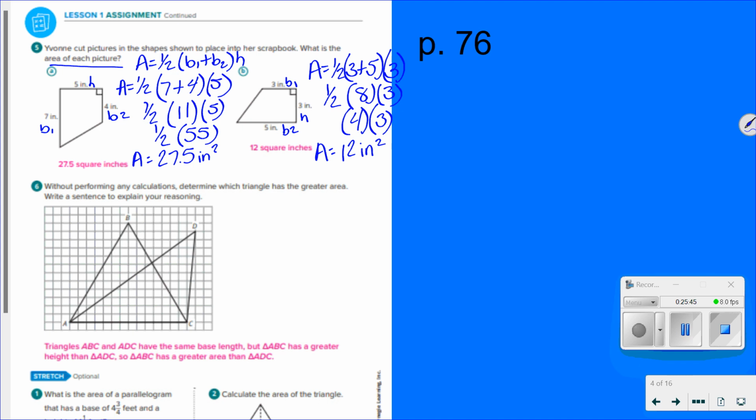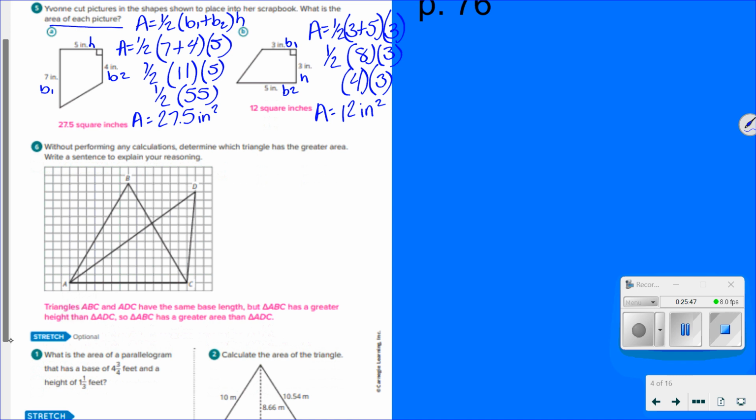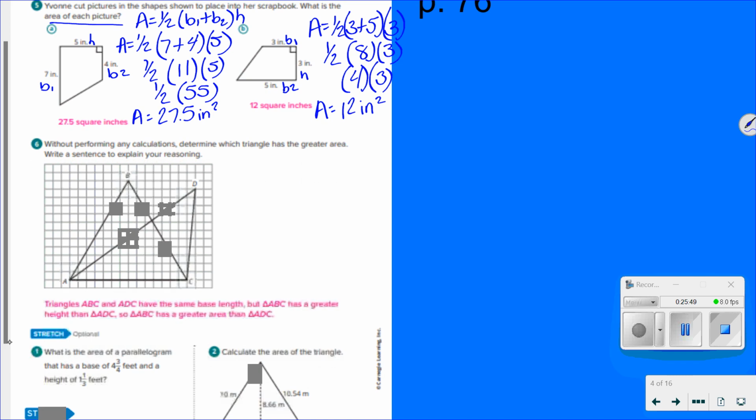Okay. All right, let's move down to 6. The key to 6 is it's saying without performing any calculations, determine which triangle has a greater area. So we have 2 triangles here. We have triangle ABC, and we have triangle ADC.